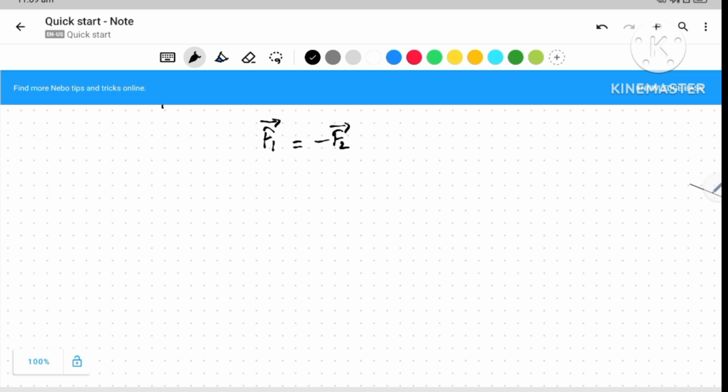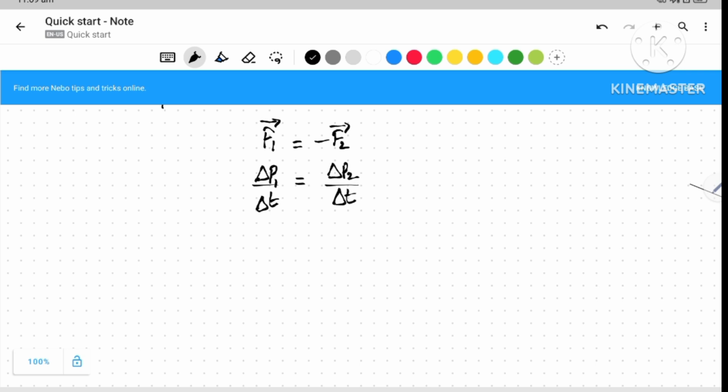Now in place of forces, we can take the rate of change of momentum. In place of F1 I am taking delta p1 by delta t, and it is equal to minus delta p2 by delta t.